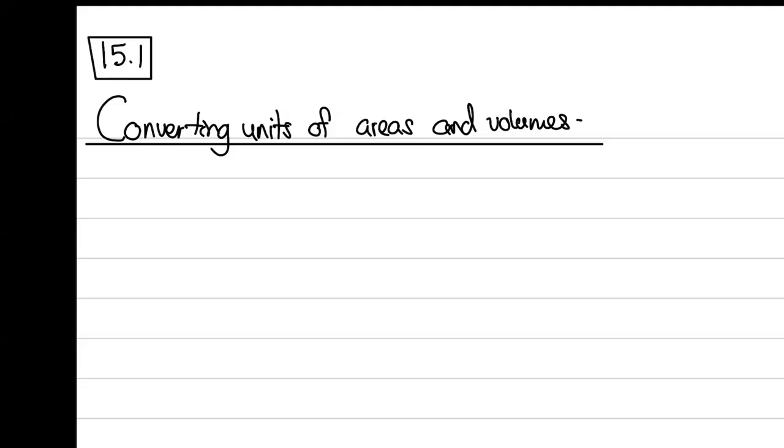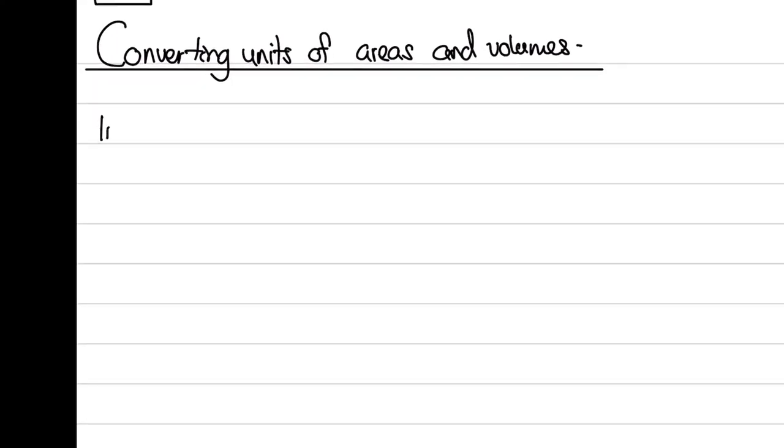Okay, first we need to look at 15.1, where we're going to convert units of area and volume. Before we begin, we probably need to understand how it actually works. Let's use length. In terms of length, normally it's quite easy.